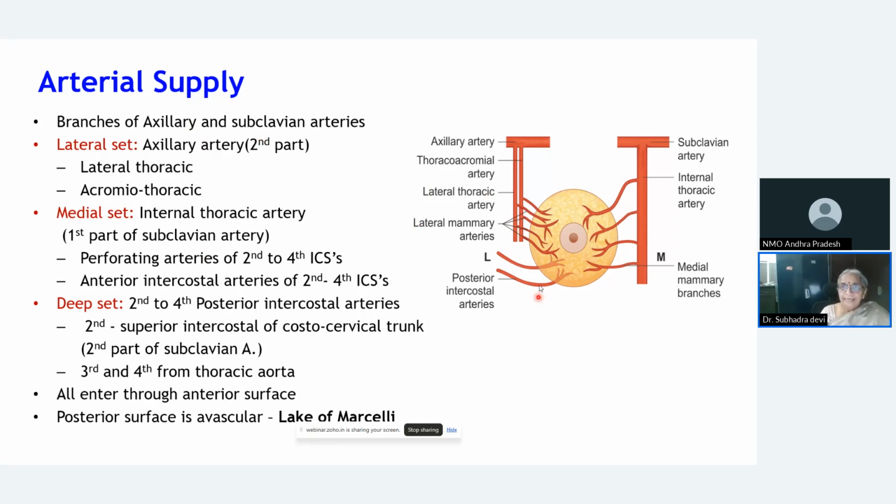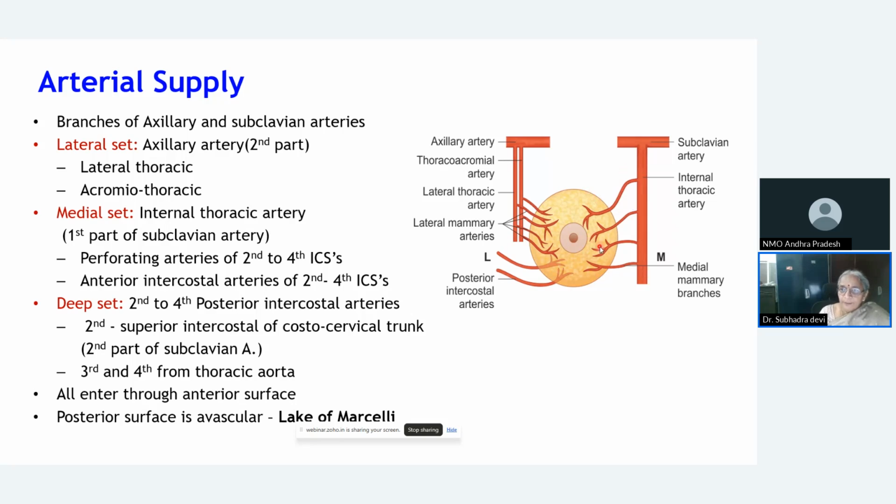So there is a lateral set of arteries from the second part of the axillary artery. They are the lateral thoracic artery and the acromiothoracic or thoracoacromial arteries. From the medial set, medially is the internal thoracic artery, which comes from the first part of the subclavian artery.